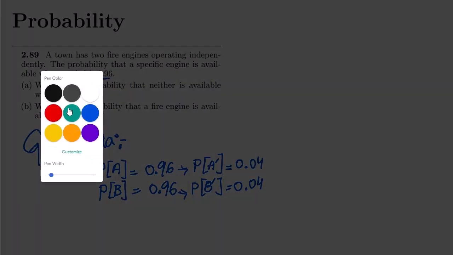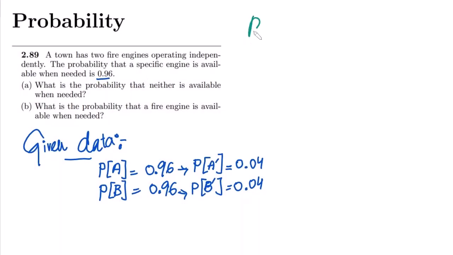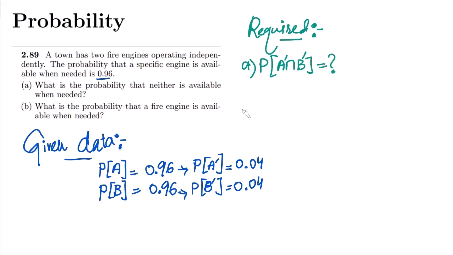So what is basically required? So let me here write the required data. Okay. So what is the probability that neither is available when needed? So what do we have to find out? That neither A nor B is available when they are needed. So in A we have to find the probability that neither A nor B is available. So to find the nor of them I have to write here this intersection, and this is the required data.